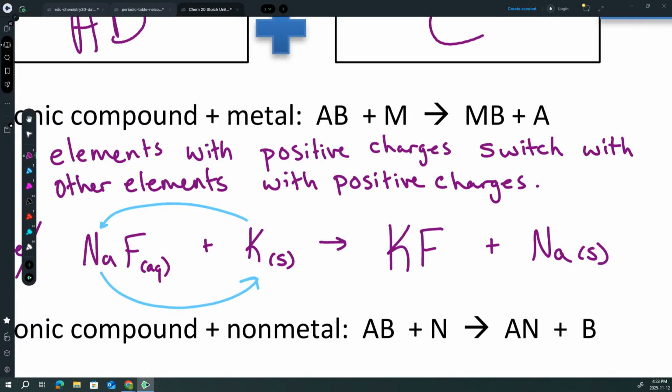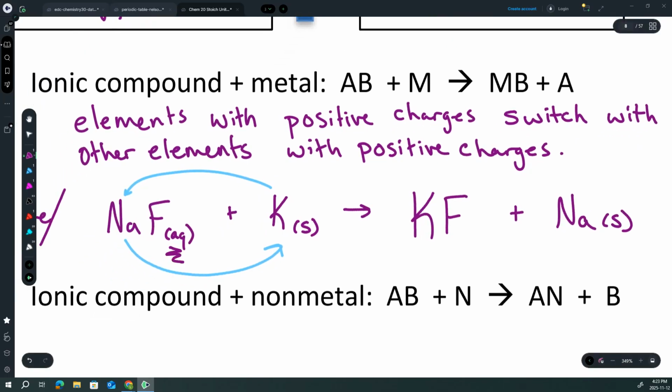But we do need to figure out what the state of this is. Since water is involved, because our sodium fluoride was a solution, dissolved in water, we need to figure out: is potassium fluoride soluble in water or not?